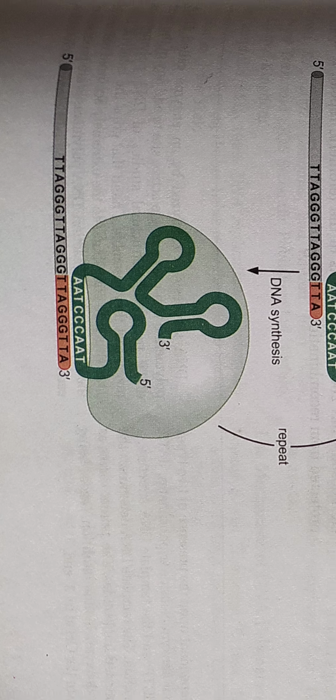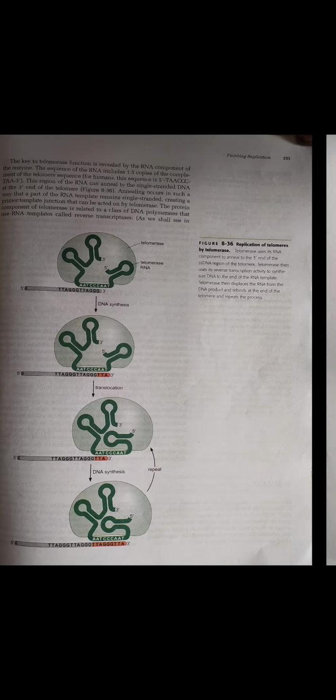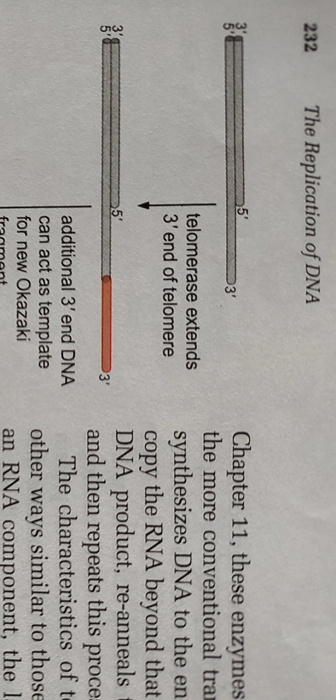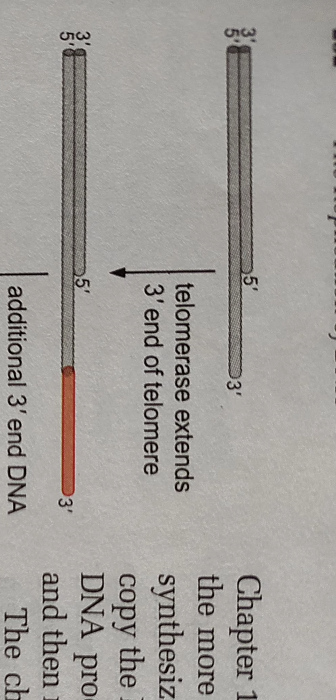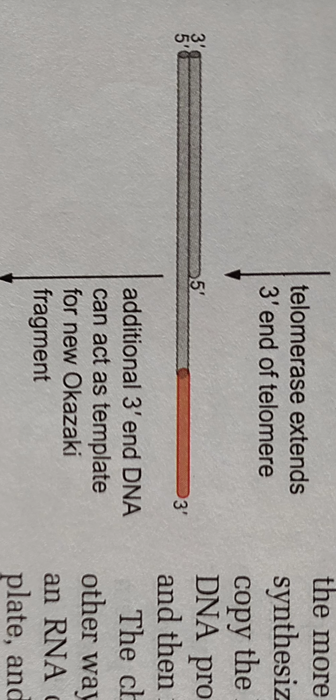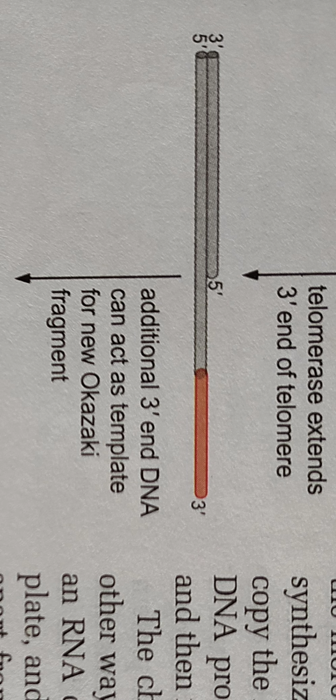Now how is the gap filled? So here you can see the telomerase extends the 3' end of your telomere, where you can see above the gap is still there. Addition of 3' end DNA now acts as a template for a new Okazaki fragment.